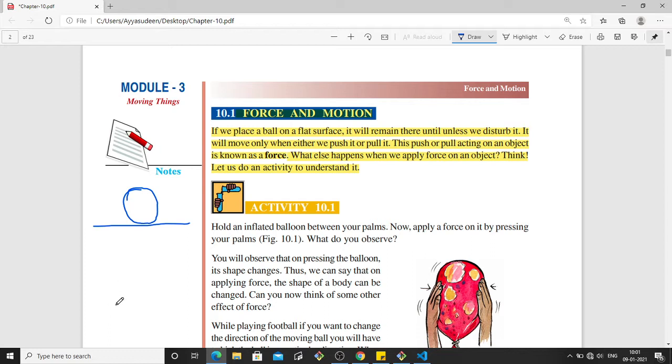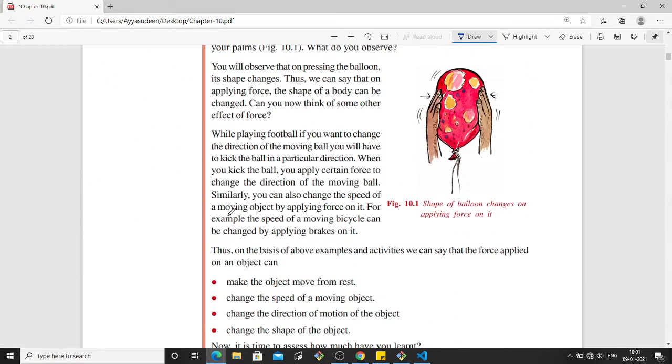It will move only if we push or pull it. So the push or pull acting on an object is what is known as force. So that you have to remember.